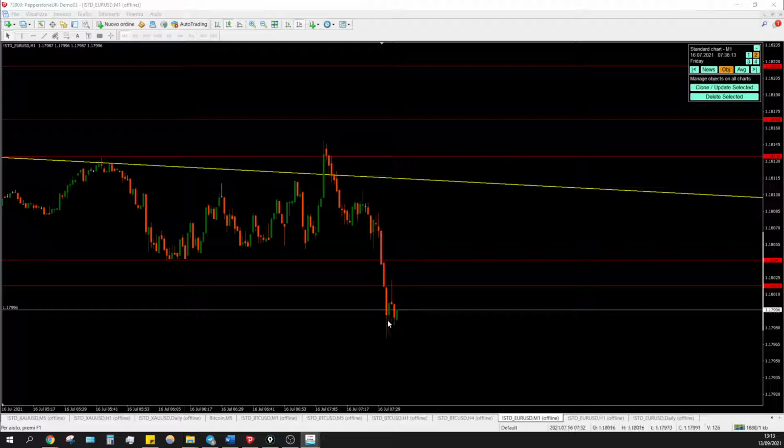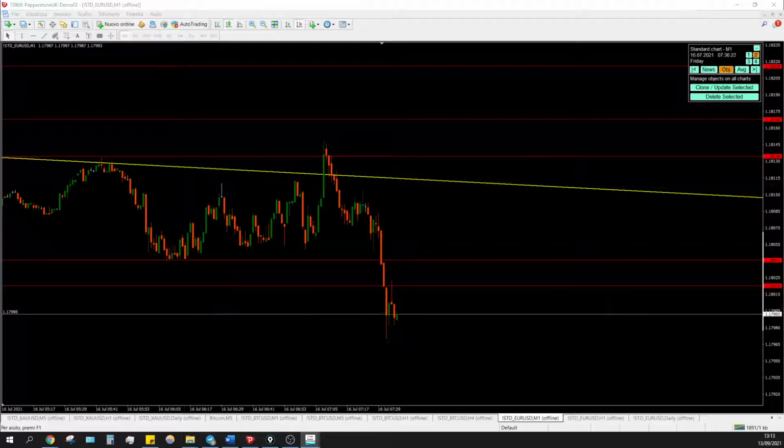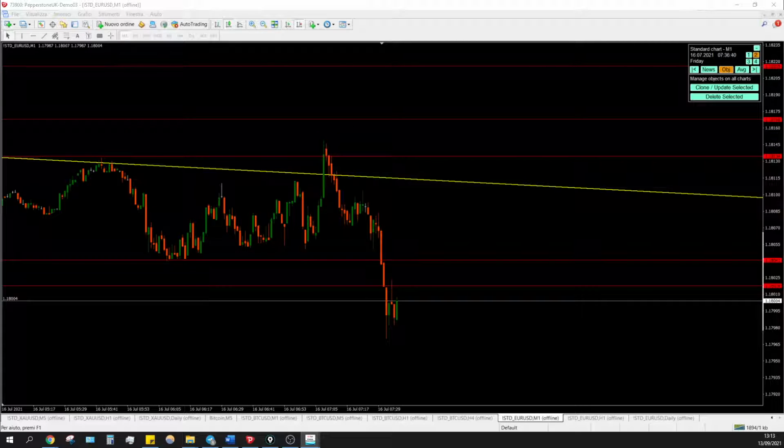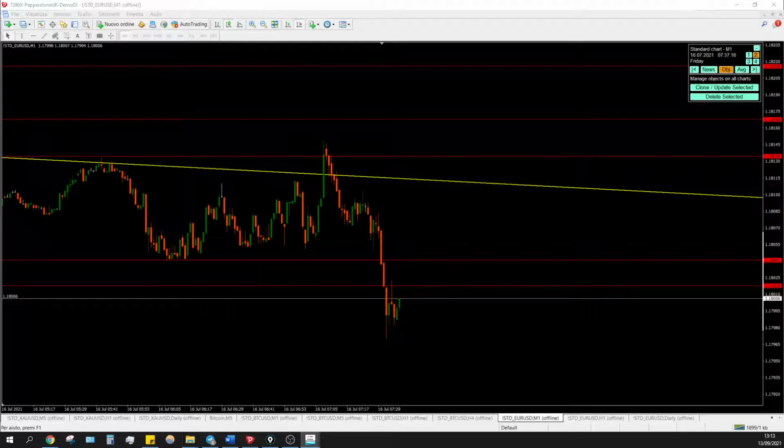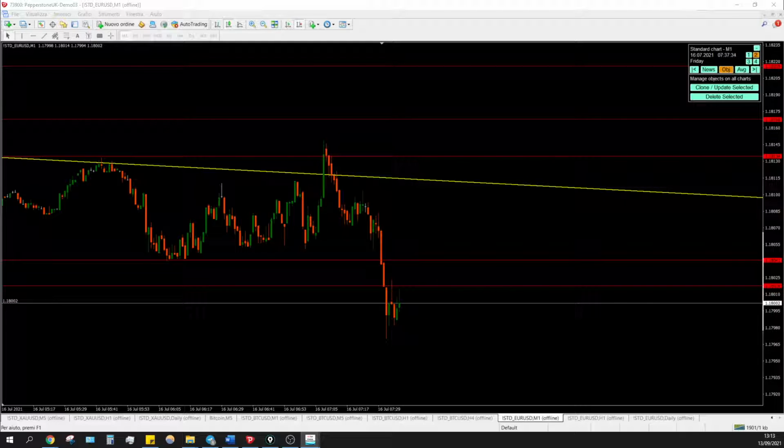See, it's not closing strong with the body engulfing the previous candles. This one is pushing up. Exactly.